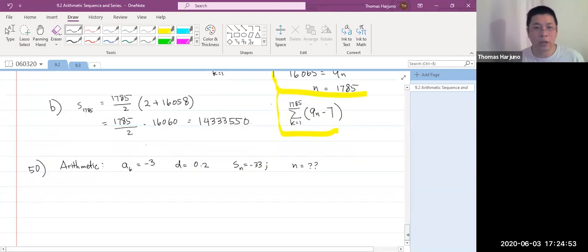Okay, let's do that. Let's find the first term first. I think we can get it from here, right? So the sixth term equals the first term plus 5 times d. So -3 equals the first term plus 5 times 0.2, which is 1. So the first term is -4.